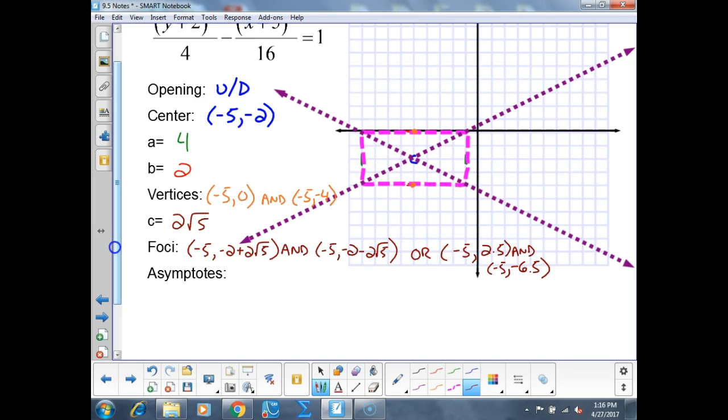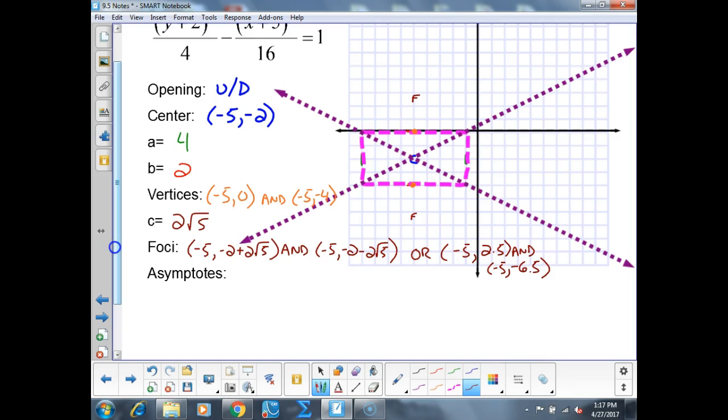Now, okay? Click the foci. What about it? Where is it on the graph? Right, that's there. That is always on the side that it opens. Okay.